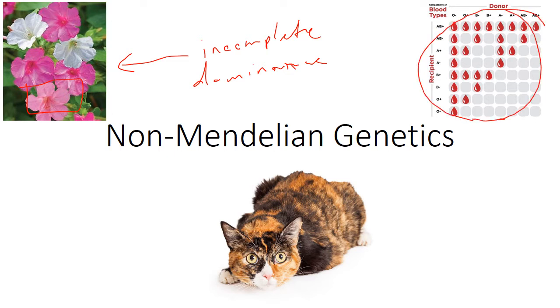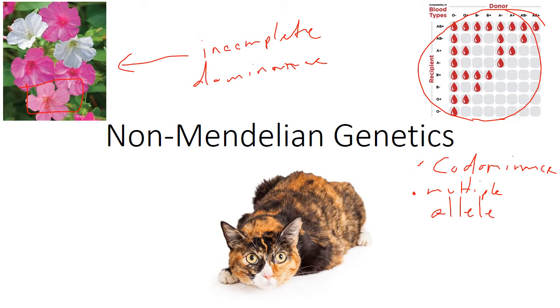With blood typing, we get codominance with the A and the B, and we also get multiple alleles, which means that there are 3 alleles for blood type versus the normal 2. Multiple alleles can also be 4 or however many alleles there are for that.